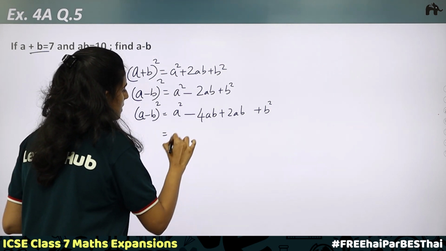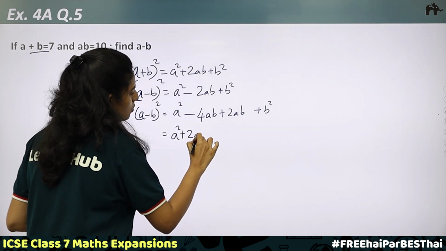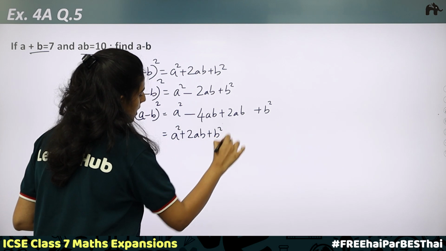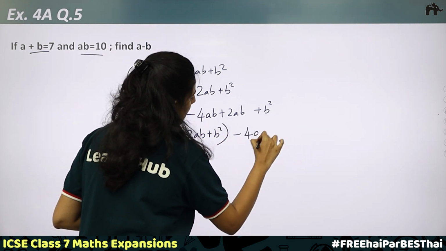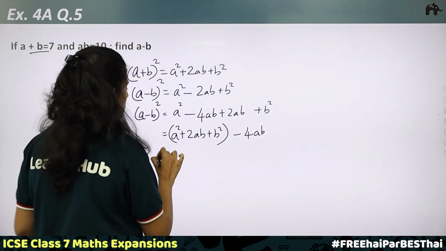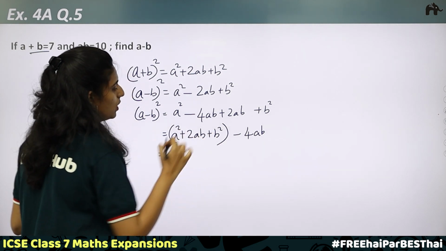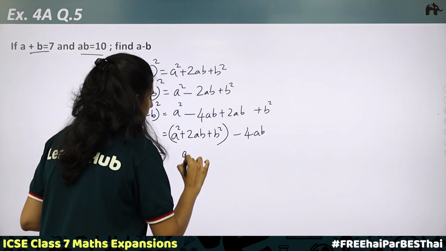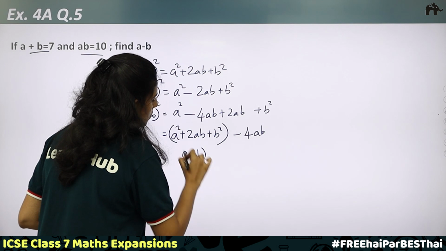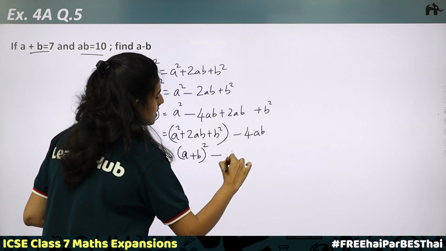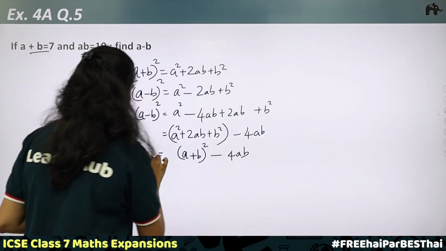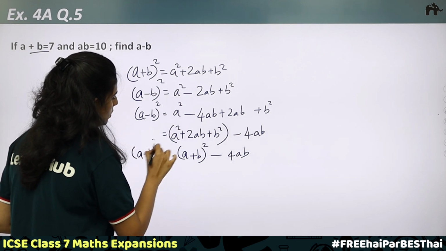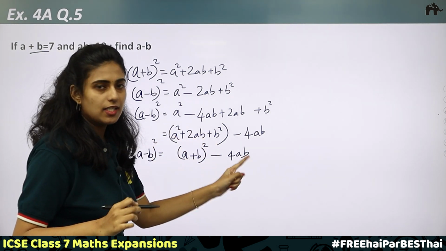This becomes a square plus 2ab plus b square minus 4ab. So this is equal to a plus b whole square minus 4ab. So a minus b whole square is equal to a plus b whole square minus 4ab.